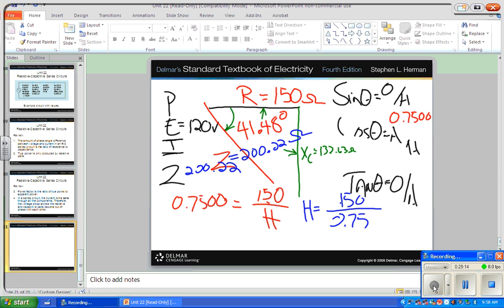Okay? So now we can find some other things out, right? Leave that in your calculator, and we're going to punch in 120, divided by second function answer, enter, and we're going to find our current, aren't we? Because we're going to get 120 divided by 200.22.